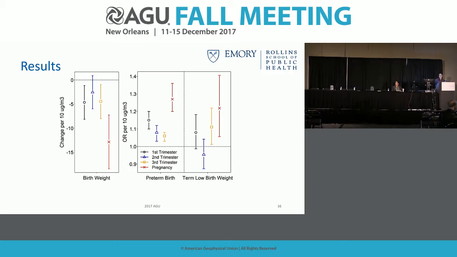Now, I can show some interesting results. So this figure shows the estimated health effects and 95% confidence interval of birth weight, preterm birth, and term low birth weight. Different colors represent the health effects of exposure during different time windows.